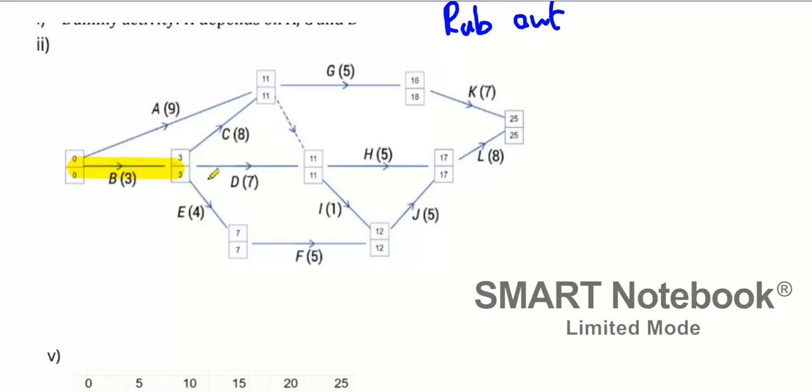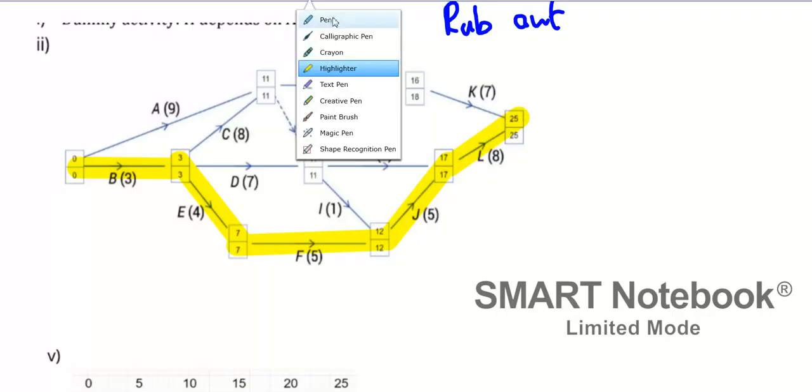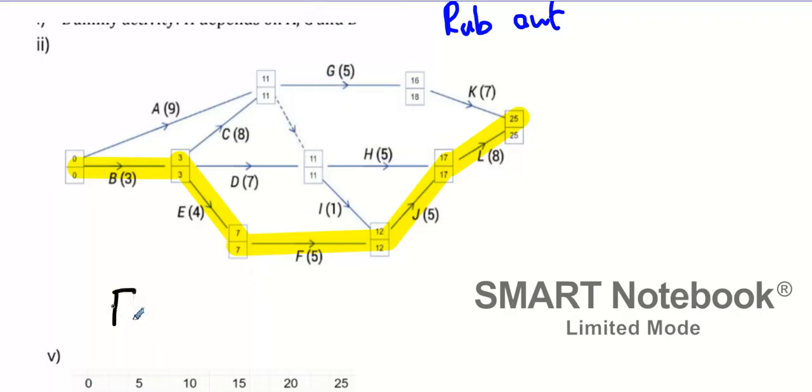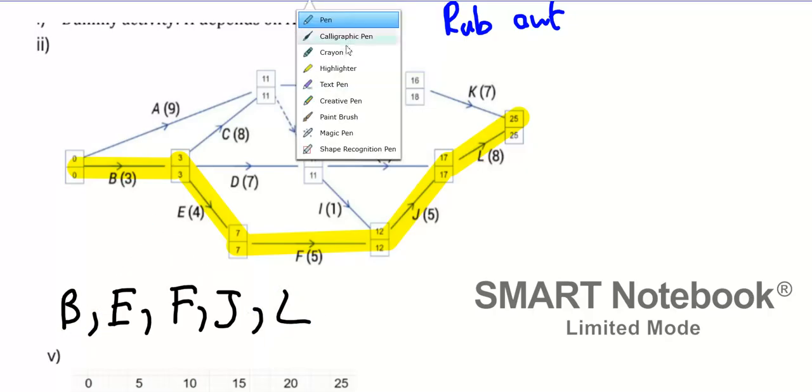B. What next? D. No, D doesn't cause it to be 11, so it has to be E. Yeah. F. J. L. So what is that? E, F, J, and L. B as well, right? Now, any other critical paths?